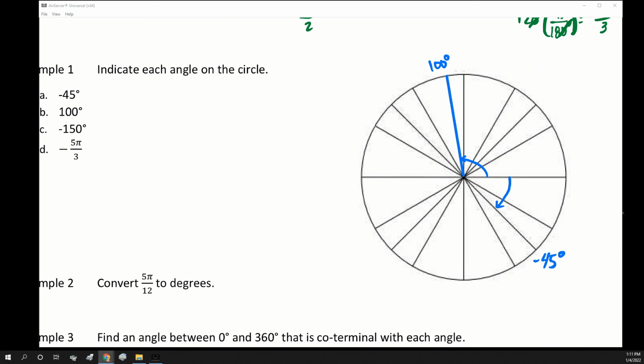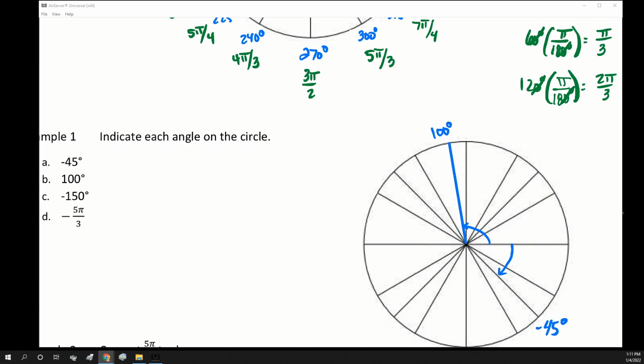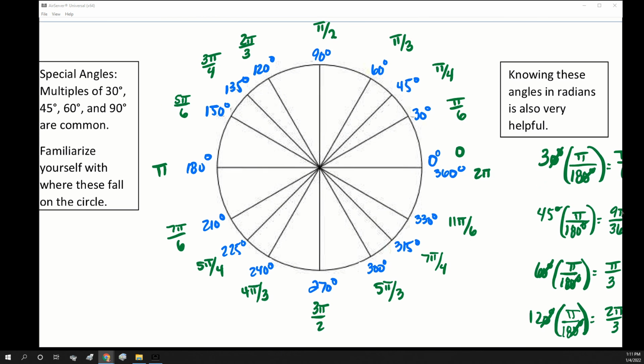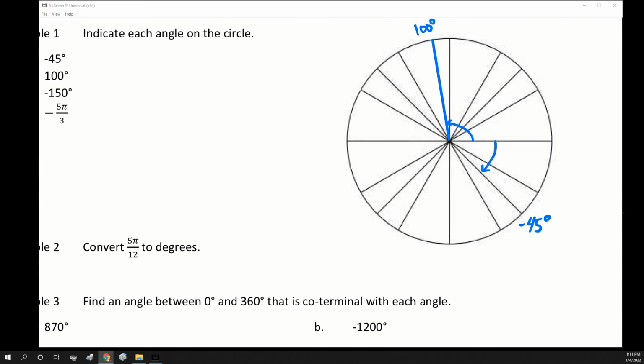Okay. And then negative 150 degrees. So if I look back up at my angles up here, this is a positive 150-degree rotation. So we're going to do that same amount of rotation, but just in the negative direction. So it should be this angle right here.